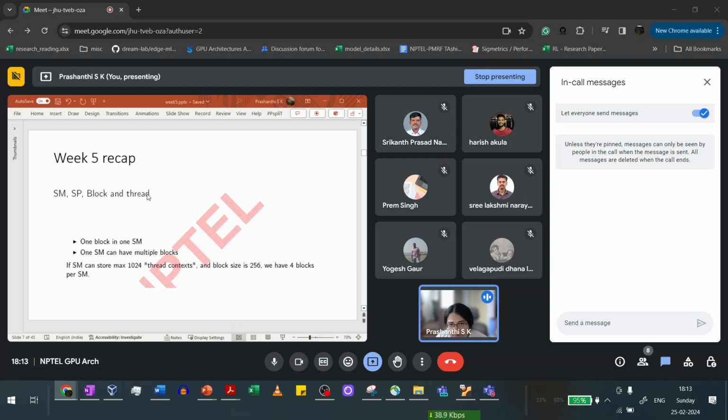So here are some broad rules. One block cannot be partitioned across multiple SMs. You can only have it in one SM. The other way is not necessarily true, right? You could have multiple blocks in one SM. Here's an example.